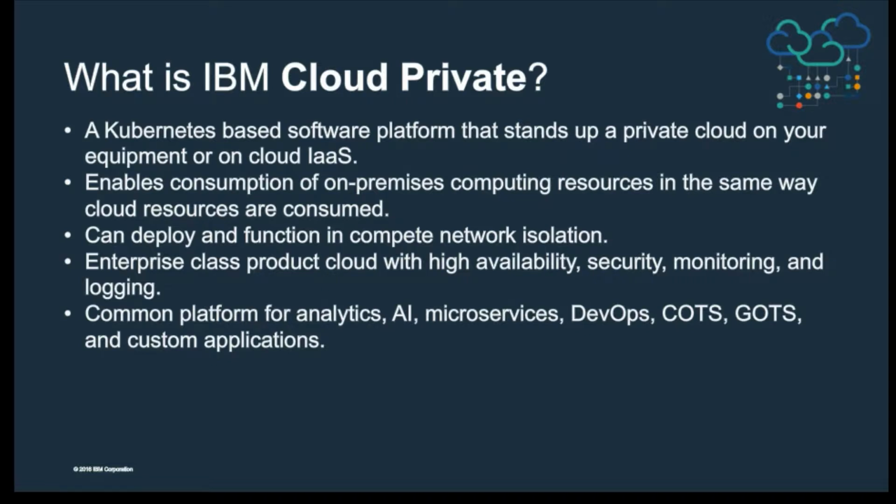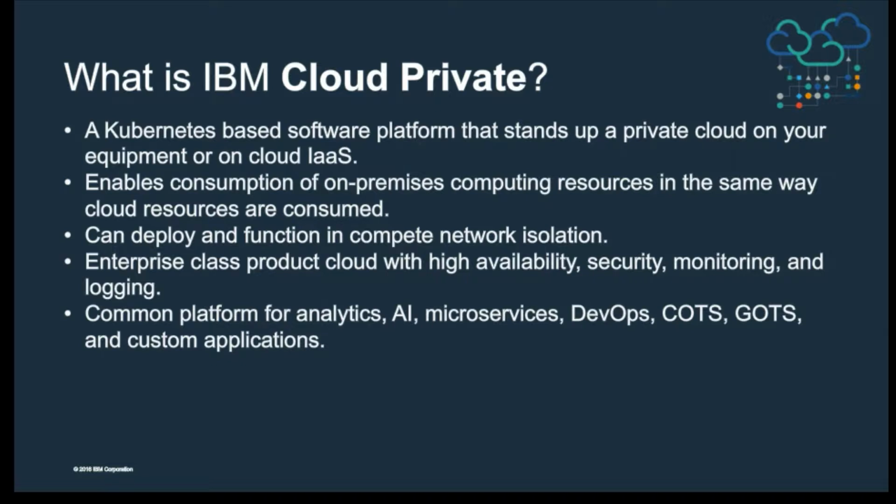Getting near the end of this list here, we're an enterprise class product. That means we have the high availability, the security tools, the monitoring, and also the logging tools that make this private cloud able to meet the security requirements of government. And also because it's so portable and can function in network isolation, we can bring services like analytics, artificial intelligence, and any of your applications to your data.